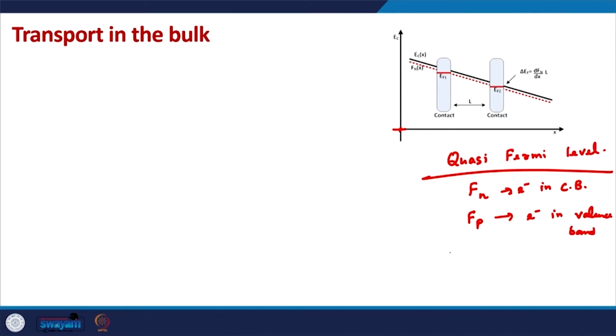One is for the electrons in the conduction band, the second is for the electrons in the valence band, because these two kinds of electrons may now behave differently. And when there is a constant current, the profile of quasi Fermi levels is linear. This we can see from basic electrostatics as well.